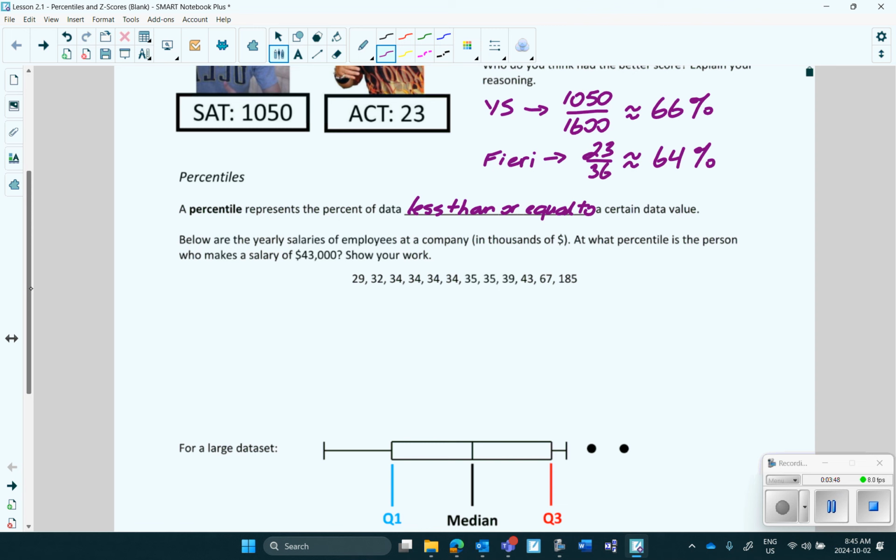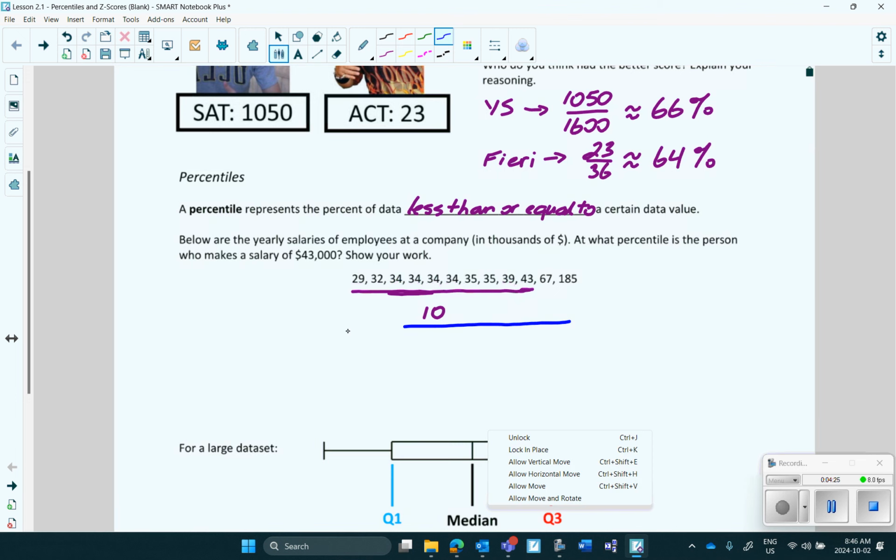And we do that by listing all the data values in order, and then counting all the data values that are at or below 43,000 and putting that over the total data values. So here's 43. The number of data values that are 43 or below is 10, out of the total number of data values, which is 12.